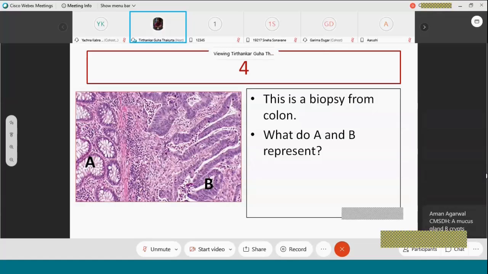So, what do A and B represent? See, it's a biopsy from the same organ. You should not be suggesting that the same organ has two types of glands side by side. A is definitely a mucus kind of gland. In B, do you think the glands have become irregular, large, and lined by hyperchromatic cells?